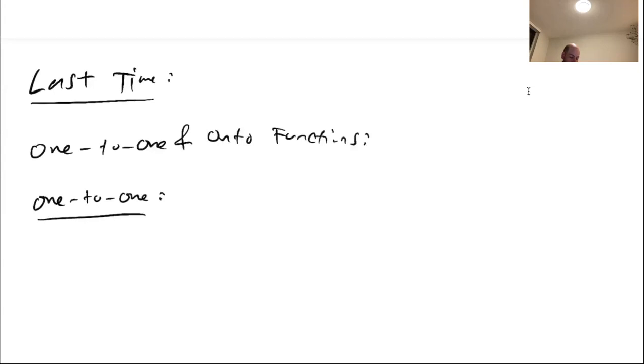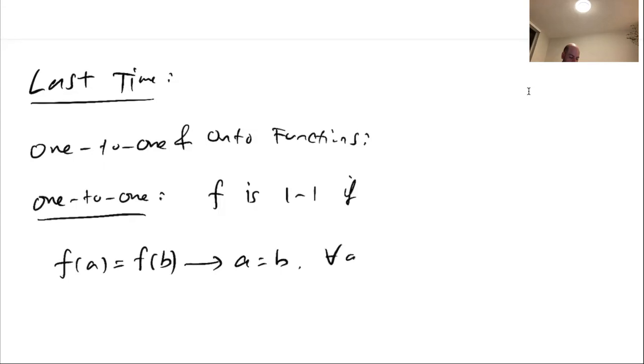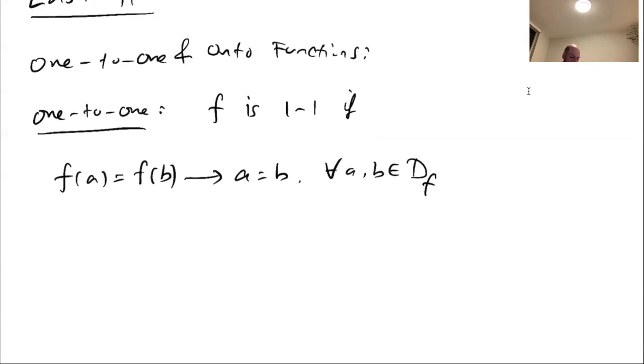means, mathematically, f is one-to-one if f of a equals f of b implies that a is equal to b for every a and b in the domain of f. f is not one-to-one if what happens?